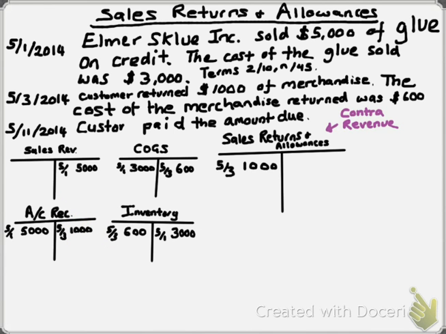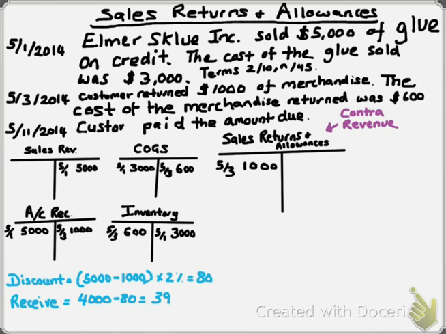So the amount of the discount is $5,000 minus the $1,000 return multiplied by the 2%, which is $80. Next, let's calculate how much the customer will pay us. The customer will pay us the $4,000 that they owe minus the $80 discount, or $3,920.